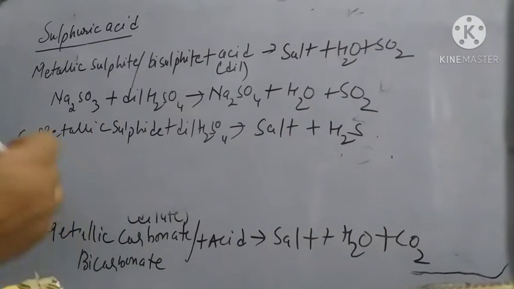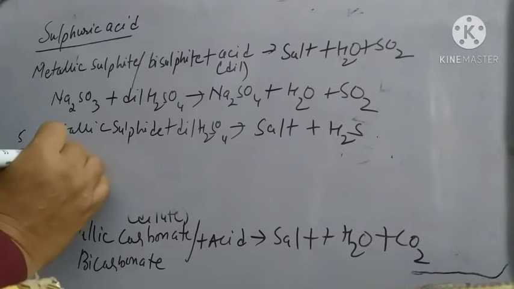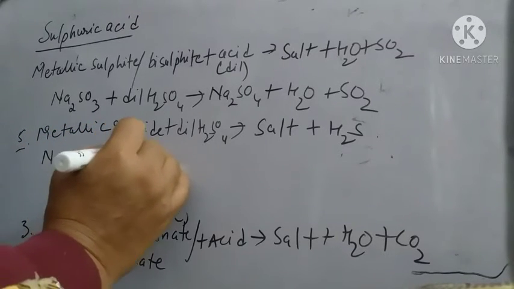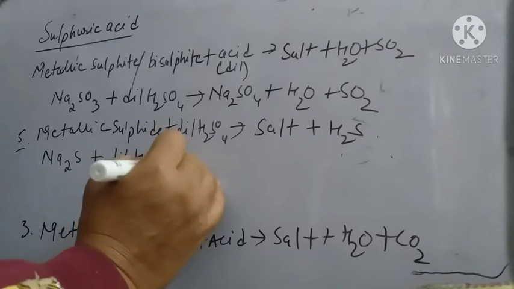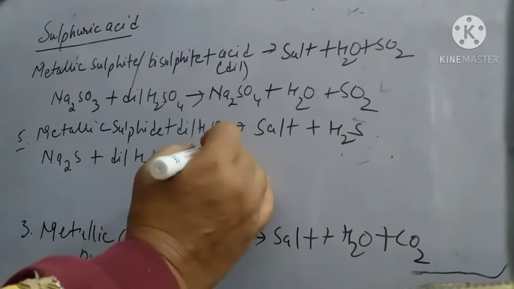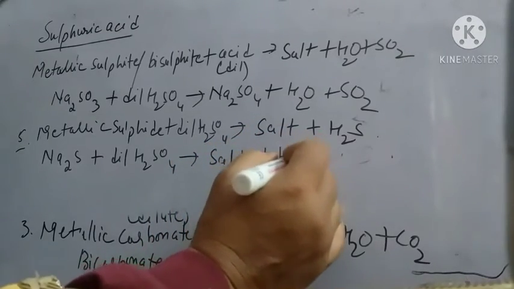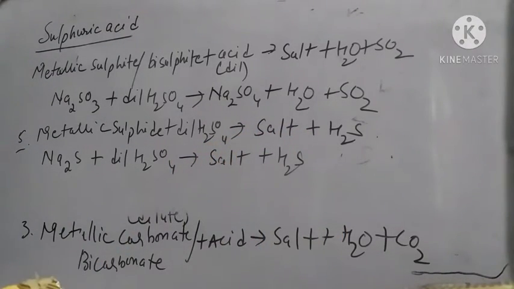So taking the example of sodium sulfide plus dilute sulfuric acid, giving the product salt plus hydrogen sulfide gas. So here we have seen the behavior of sulfuric acid when dilute.